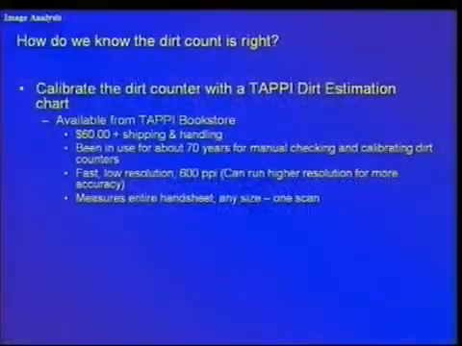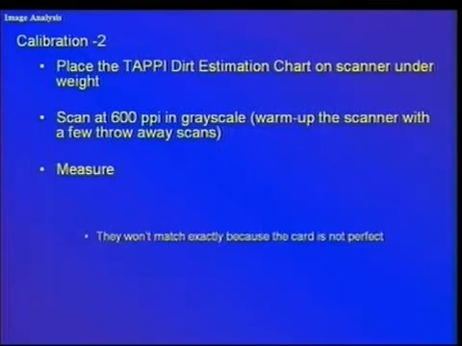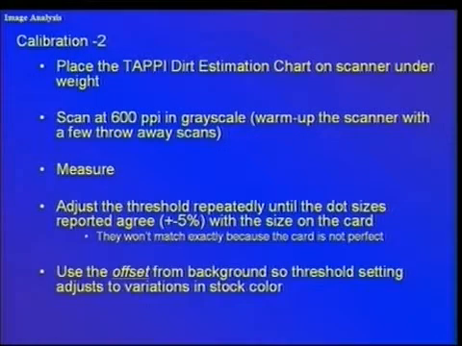We calibrate. We can see that the scanner is working all right by using the dirt estimation chart, but we'll show you in a minute that the estimation chart is really used only as a reference for the measurement. The chart is available, as I said, from TAPPI.